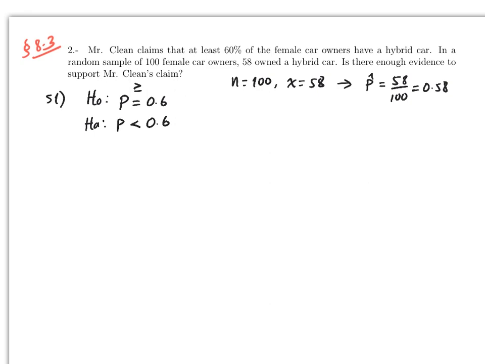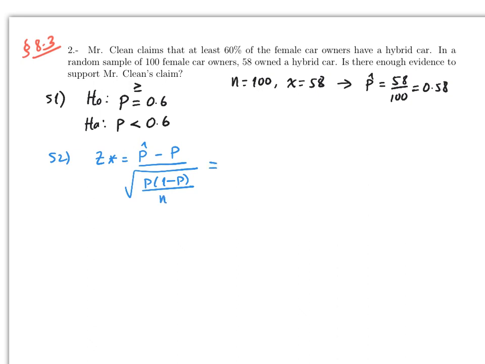In step 2, you need to find something with a star. In this case it is z star, or the test statistic. Remember the formula is p hat minus p over the square root of p times 1 minus p over n.